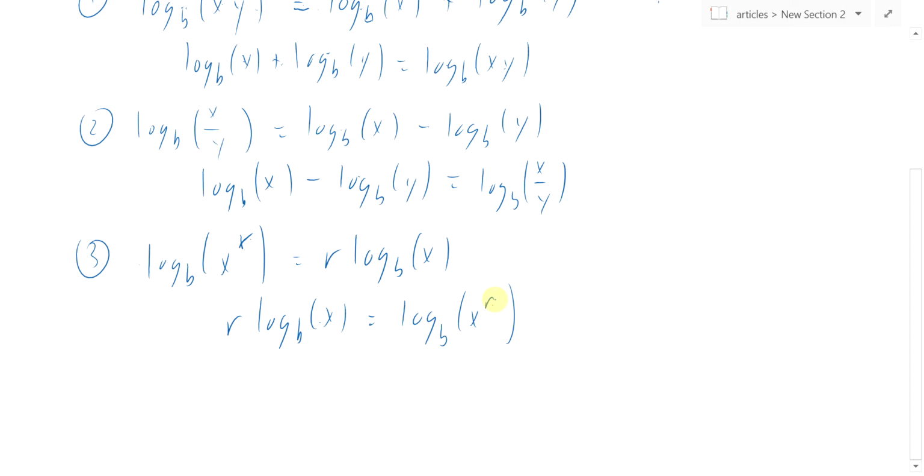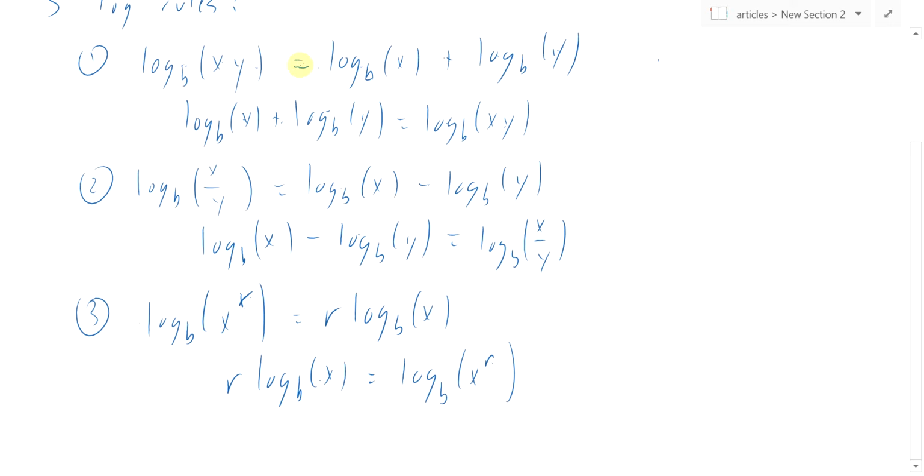Okay, so those are my 3 log rules. And remember that an equal sign means you can read it left to right or right to left. So this rule at the top here can be either read as breaking apart a product inside a logarithm or pulling together 2 logarithms that are added together.